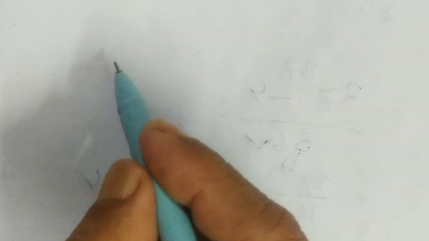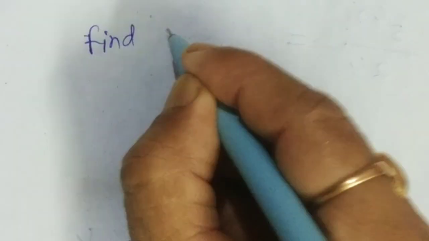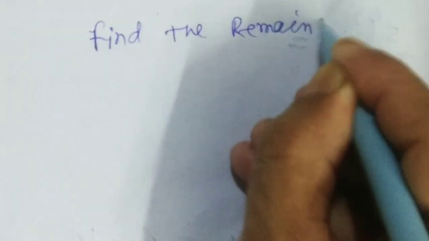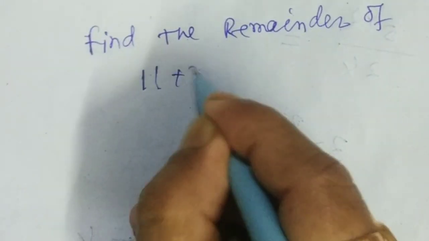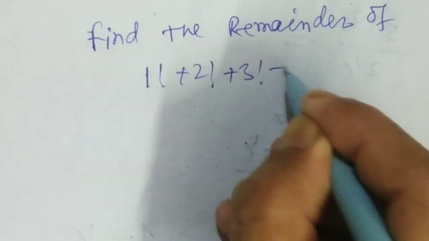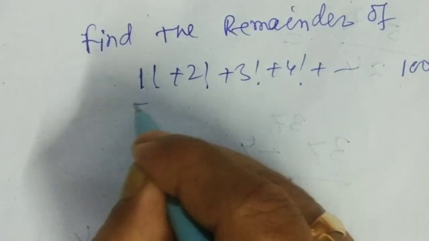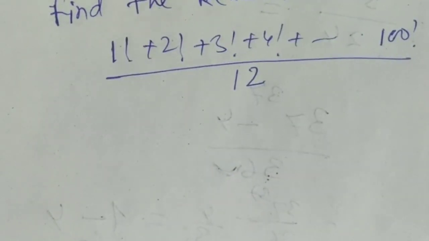Now if the question is like this, find the remainder of 1 factorial plus 2 factorial plus 3 factorial plus 4 factorial plus up to say 100 factorial divided by say 12. So how to solve it?